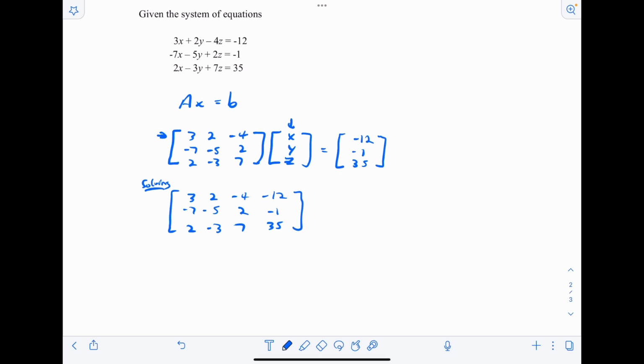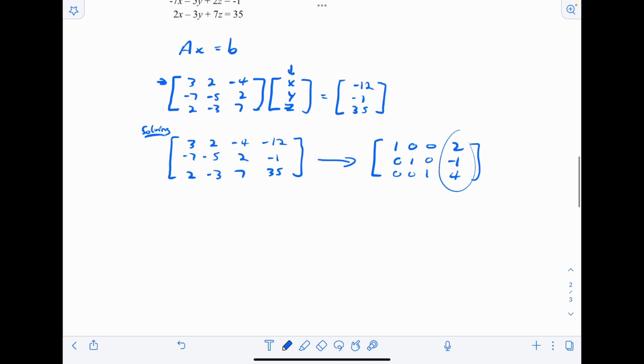If we use the Gauss-Jordan elimination method, that gives me a matrix that looks like this: 1, 0, 0, 2; 0, 1, 0, -1; and 0, 0, 1, 4. So we can see that our answers are 2, negative 1, and 4.